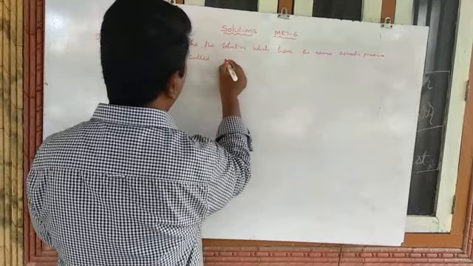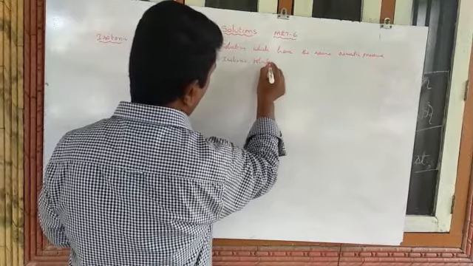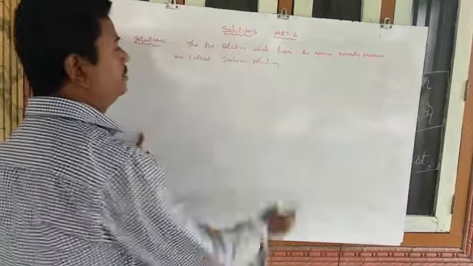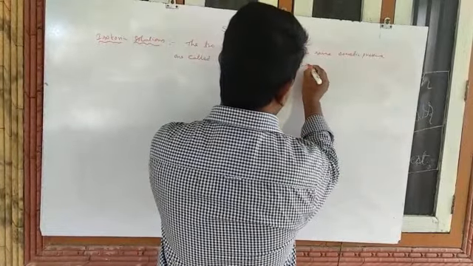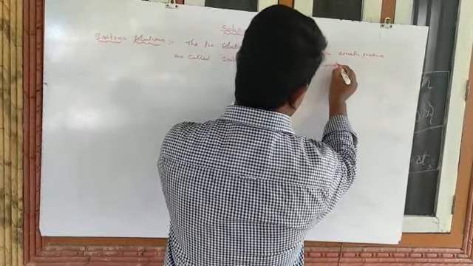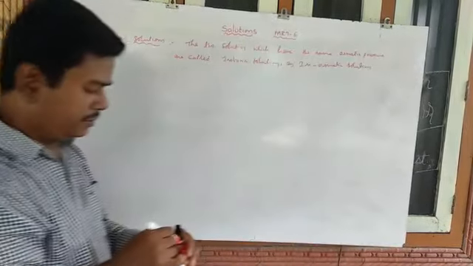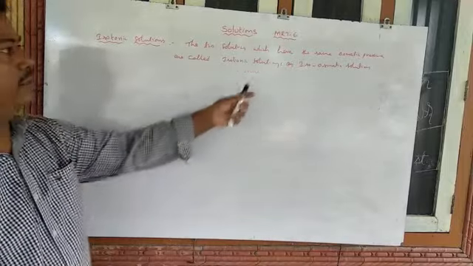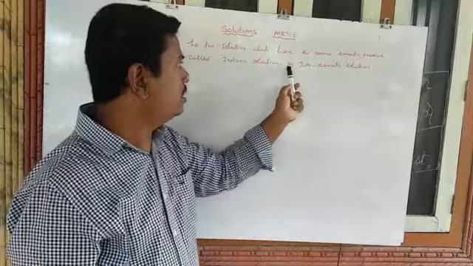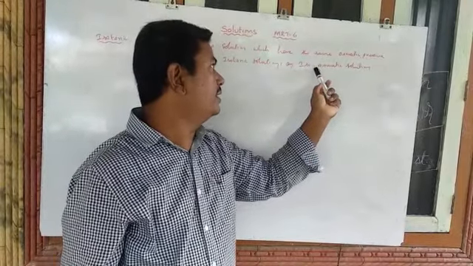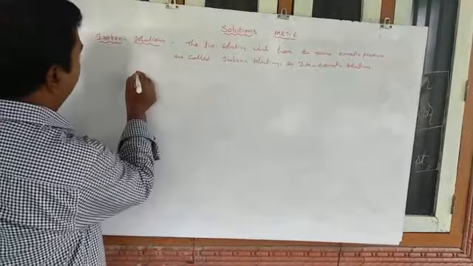Isotonic solutions or isoosmotic solutions. Clear? So the solutions which have the same osmotic pressure are called isotonic solutions, or those are also called isoosmotic solutions.